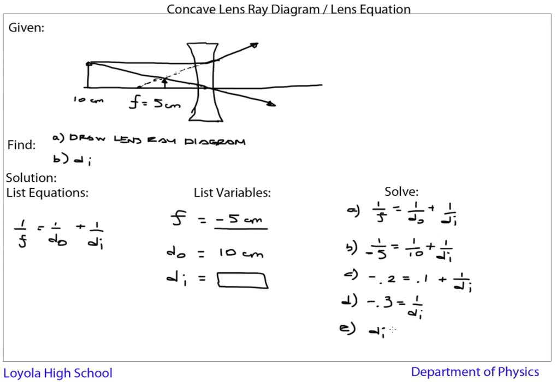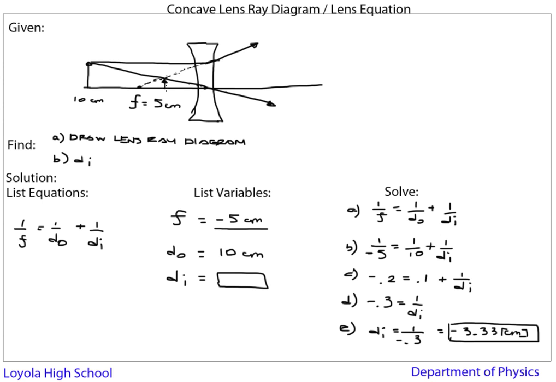DI equals 1 over negative 0.3, which equals negative 3.33 centimeters. And I can box that final answer.